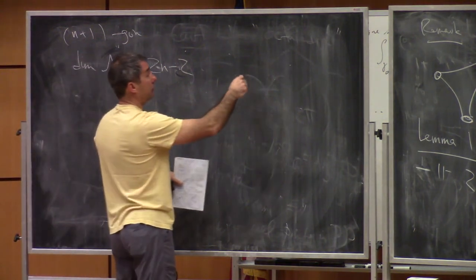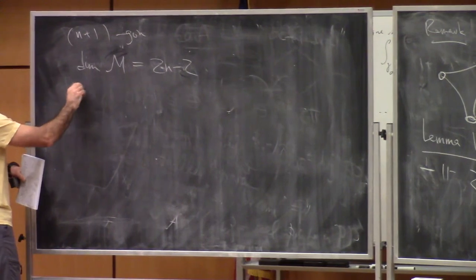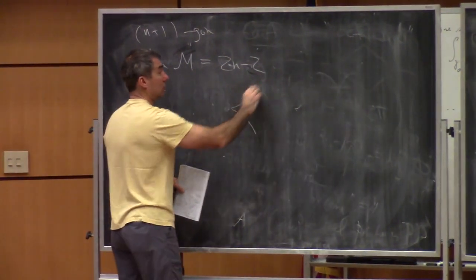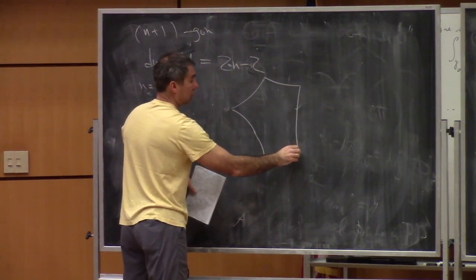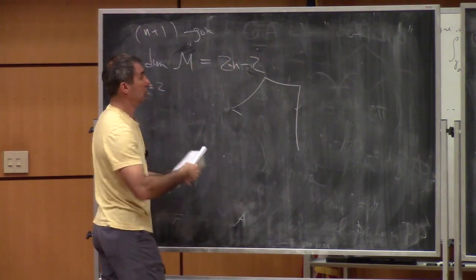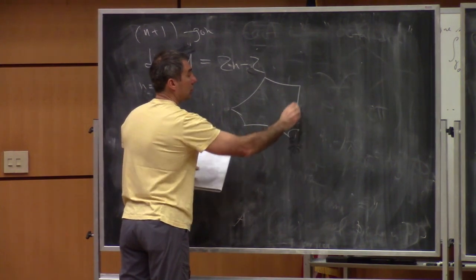So maybe give an example: n equals 2, then it looks like a hexagon.